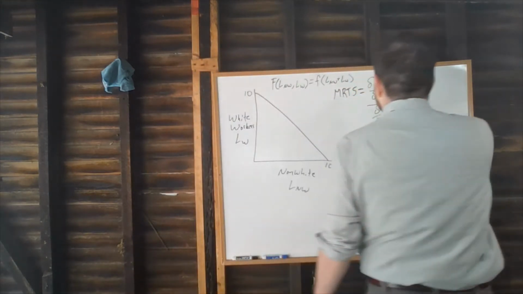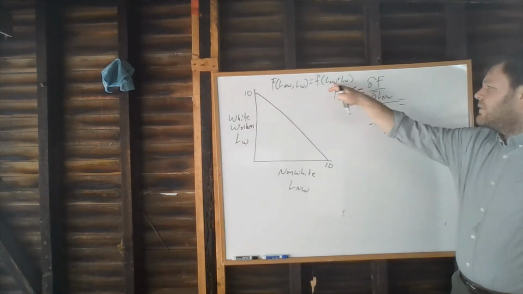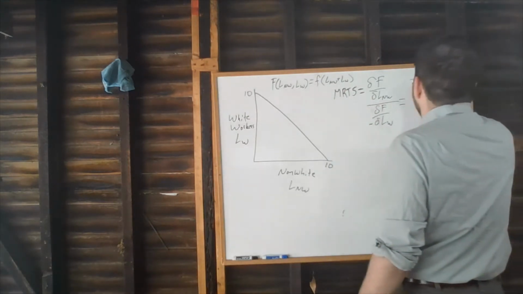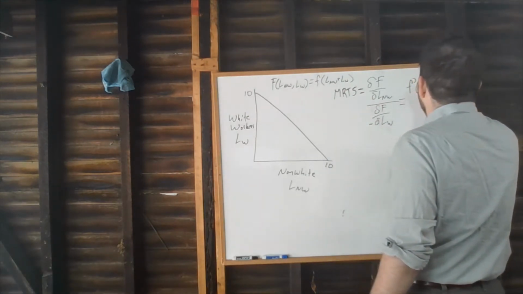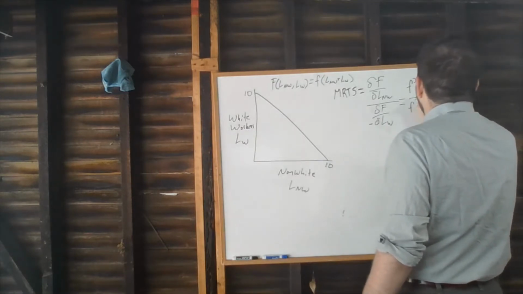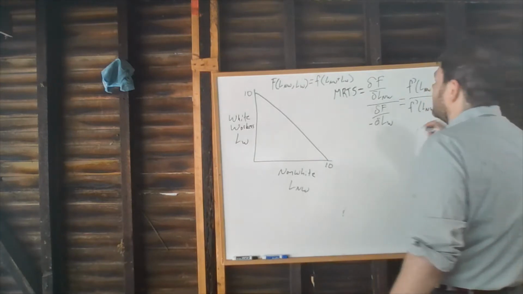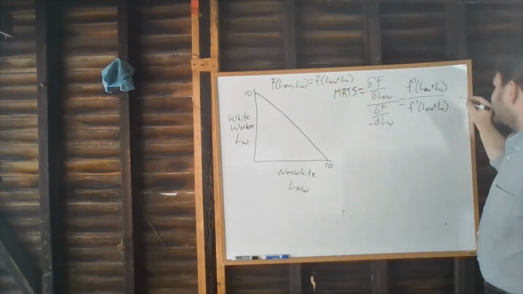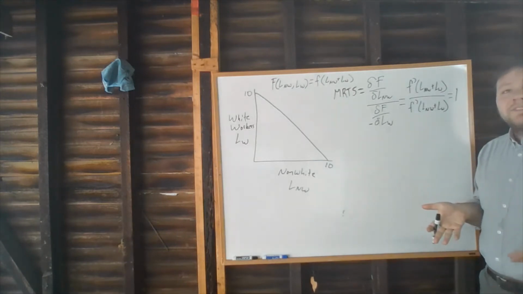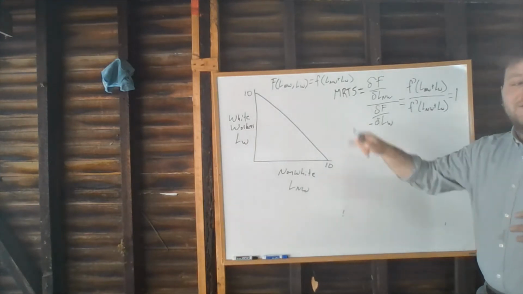So this is just going to be f prime times the derivative of the inside with respect to LNW, which is 1. So this is going to be F prime over F prime, right? They enter exactly the same way. So our MRTS is just 1. This is just another way of saying we can always substitute one white worker for one non-white worker and produce the exact same amount of output.